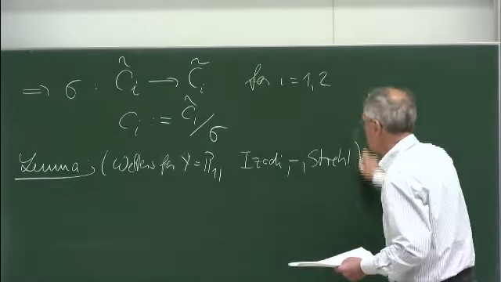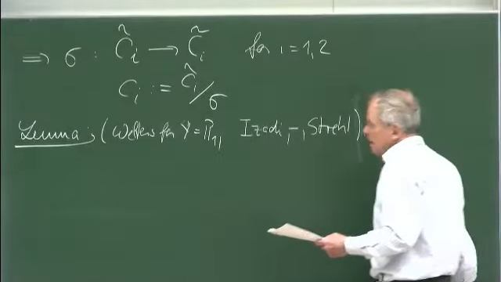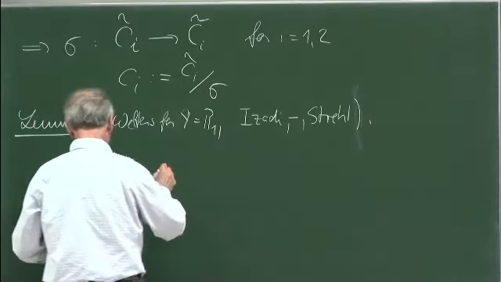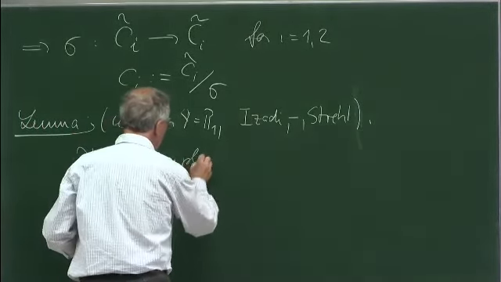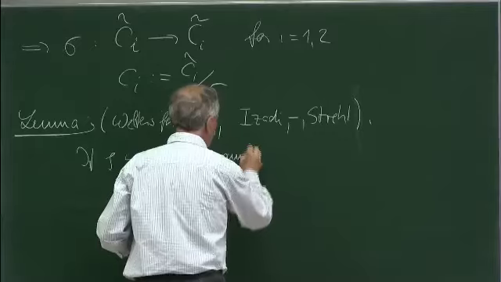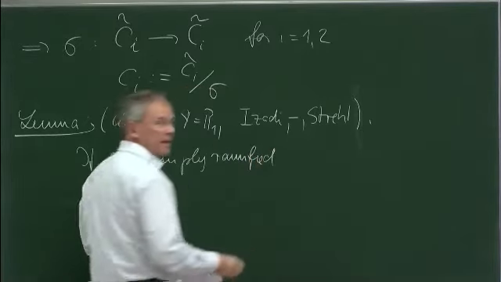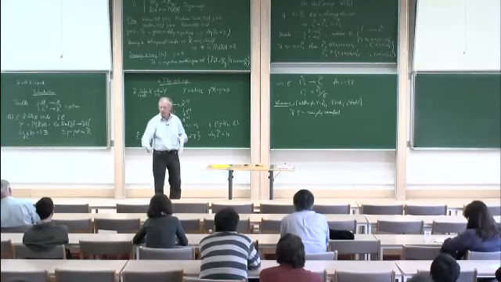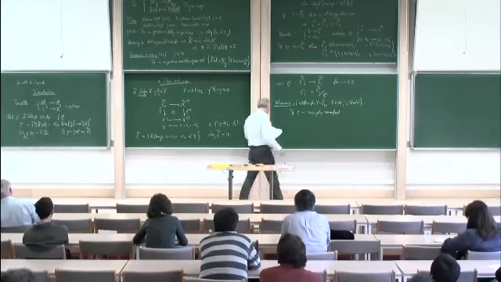This was in 2007. So the lemma says that if rho is simply ramified, that is, every fiber of a ramification point consists of 3 points at least, but ramified, of course.